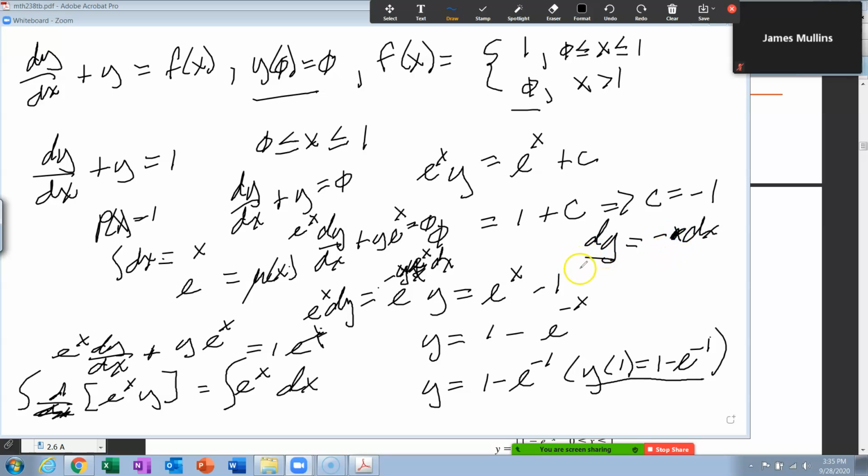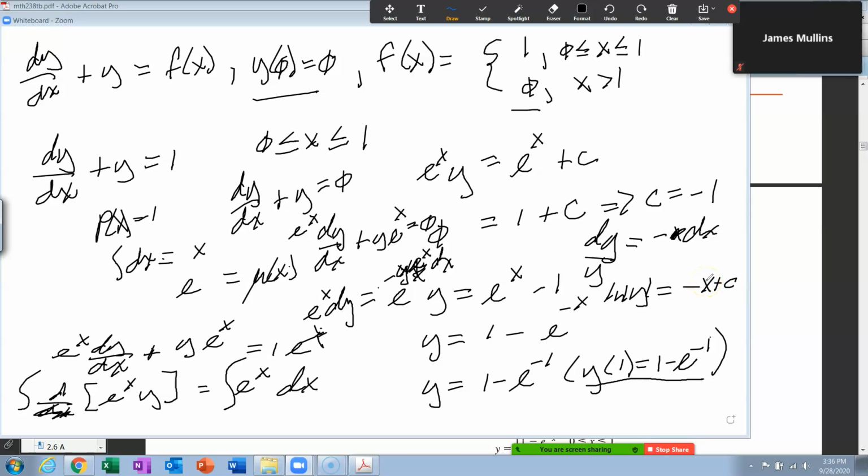So if you divide both sides by y, this is what you get. So this is log y, absolute value technically, but we can't say that. Let's put in the absolute value just for safety, is equal to minus x plus c here.